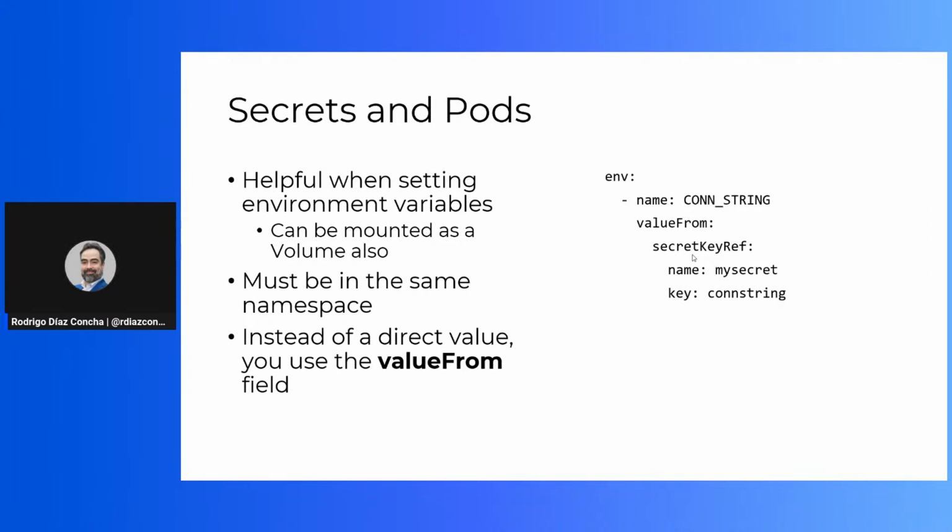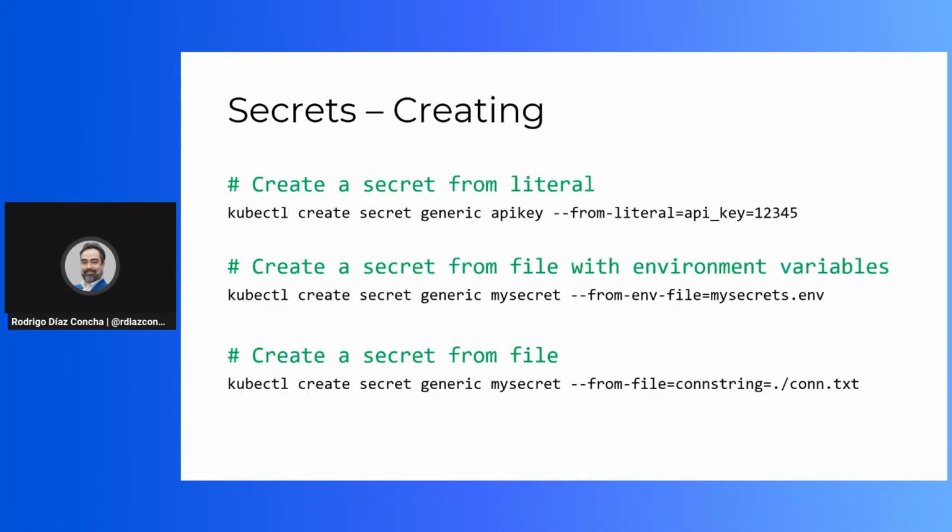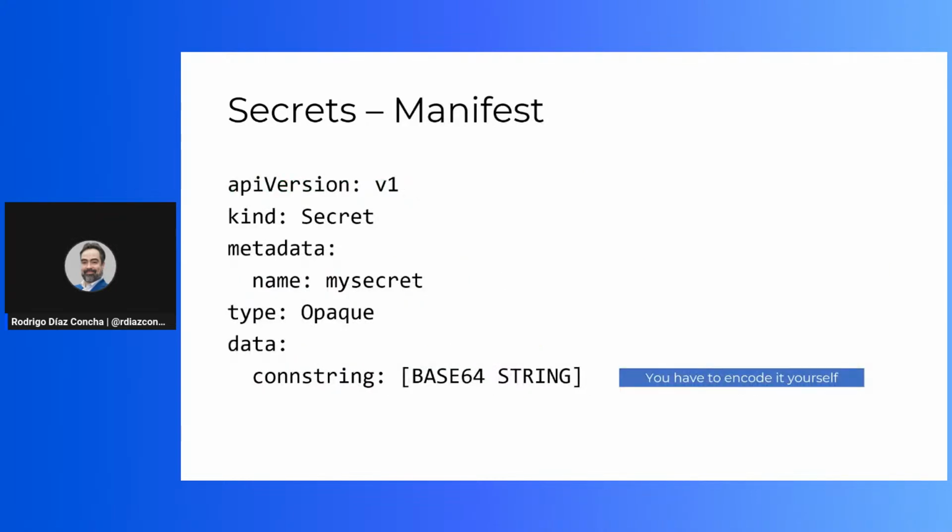That wouldn't be a great idea, right? So that's why we use secrets alongside our applications. So we create secrets by executing kubectl create secret, or we can just use a manifest file. Very similar to config maps and very similar to the other objects that we can create in Kubernetes.